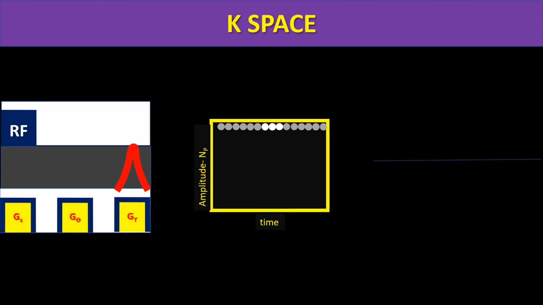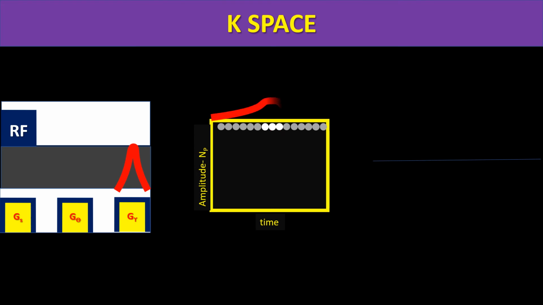Now this is what you have to understand, that as I go to the middle of the K space, the signal is maximum, because that's where all the protons are in sync, so there will be maximum signal. So that's why if you see from right to left, in the middle there is always maximum amplitude.